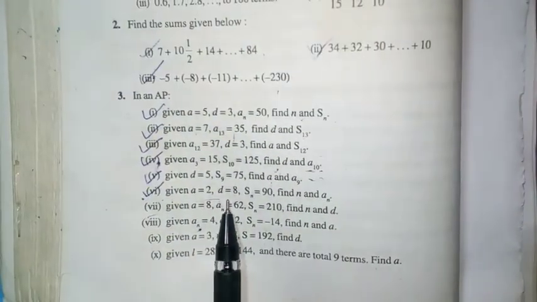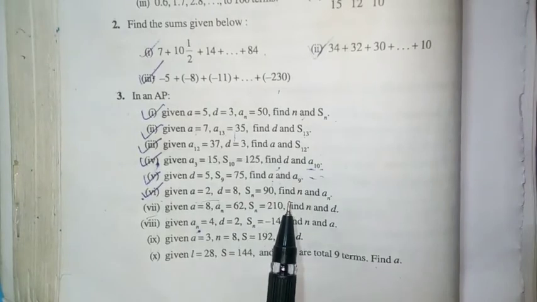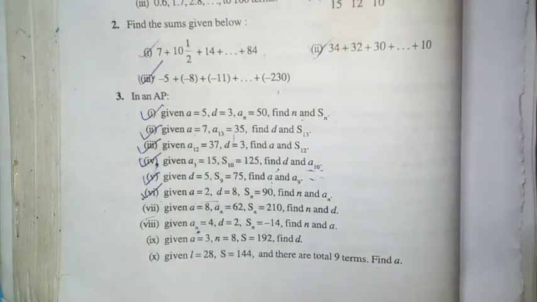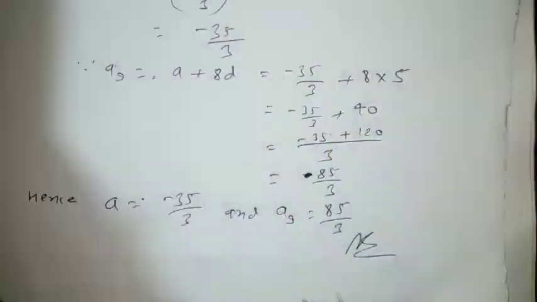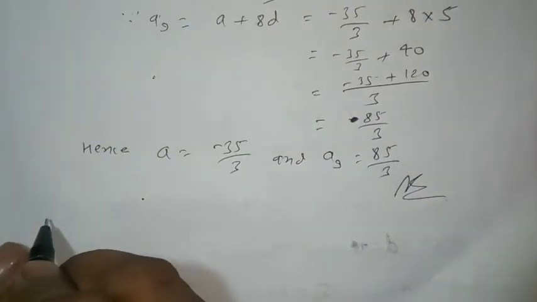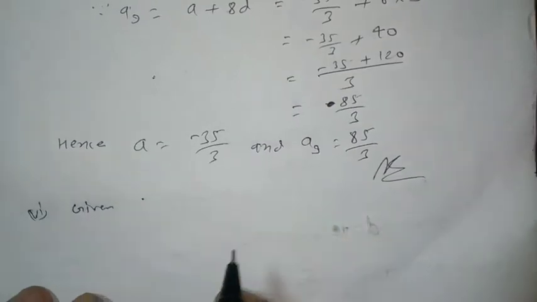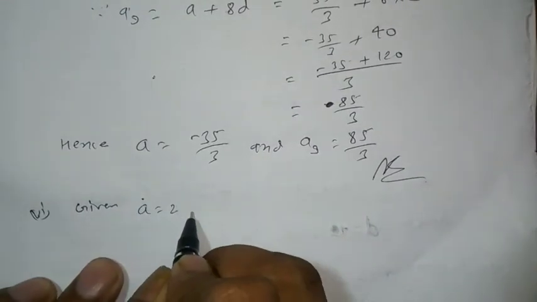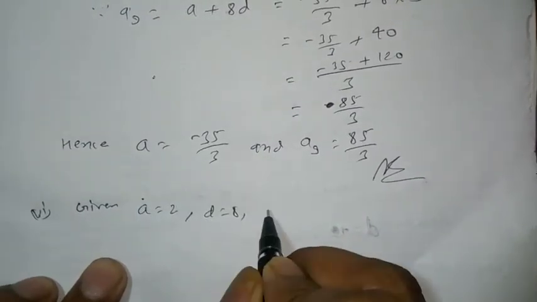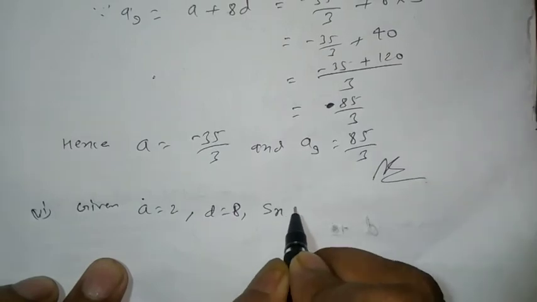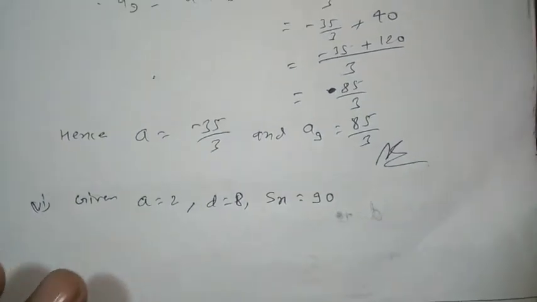Given a is equal to 2, d is equal to 8, Sn is equal to 90, find n and An. Given a is equal to 2, d is equal to 8, Sn is equal to 90.